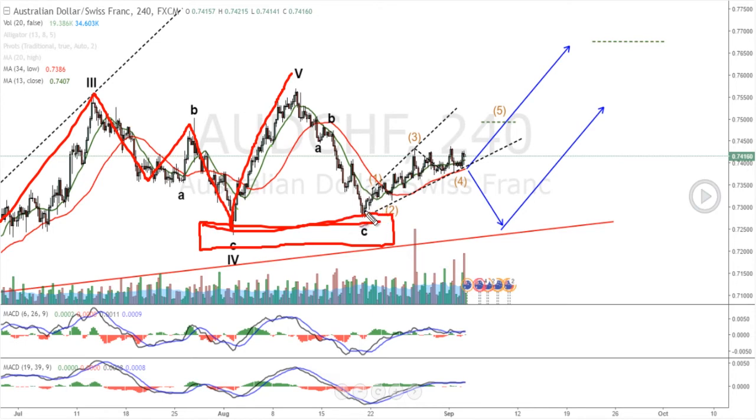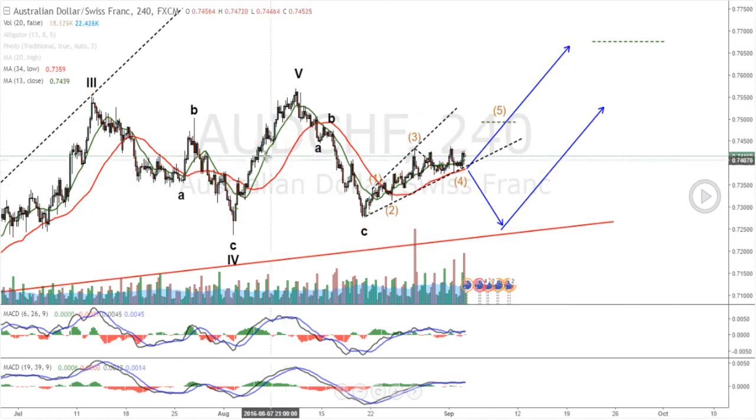So from here I was looking for 1, 2, 3, 4, 5, then another 1, 2, 3, 4, 5, and so on. I didn't know if this was a 1 here or this was an AB. I'm gonna clean it. At this point I didn't know if this was an ABC like this or an ABC like this. So that's why I have these 2 lines.